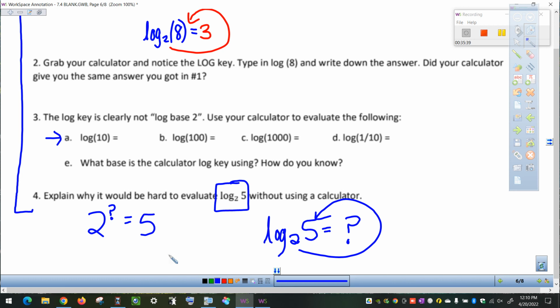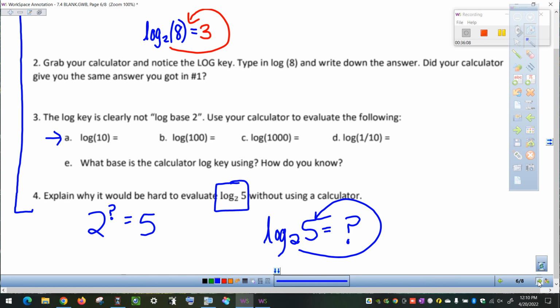So if we do 2 squared, we get 4, but then if we do 2 to the 3rd power, we get 8. 5 is somewhere in there. It's not a whole number exponent value. It would be an exponent that maybe has a decimal in it, so somewhere between 2 and 3, but there's really no way exactly for us to just guess and figure out what that would be.